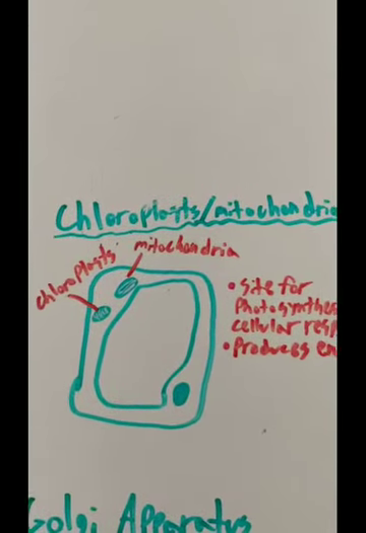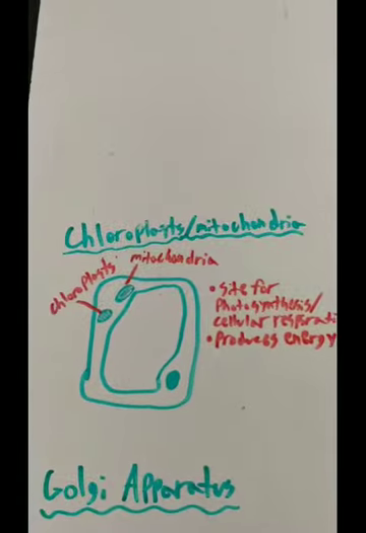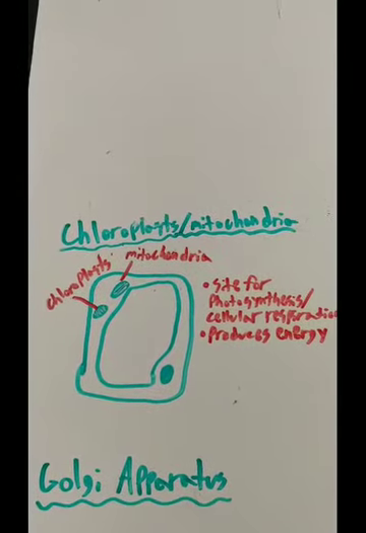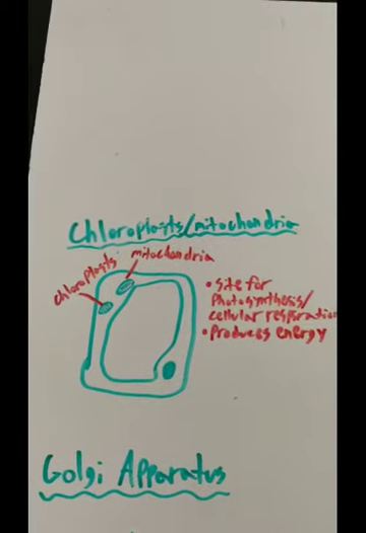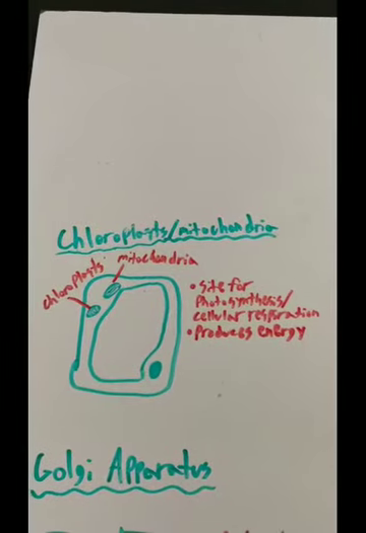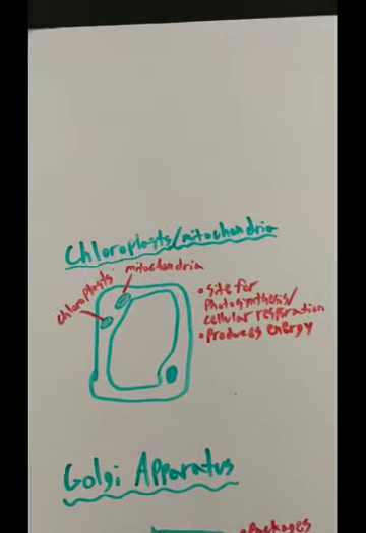Next are the chloroplasts and the mitochondria. The chloroplasts are only found in a few bacteria, but mostly you see them in plants, and mitochondria are found in pretty much all eukaryotic cells. Basically they do the same thing: they produce energy for the cell, but in different ways.